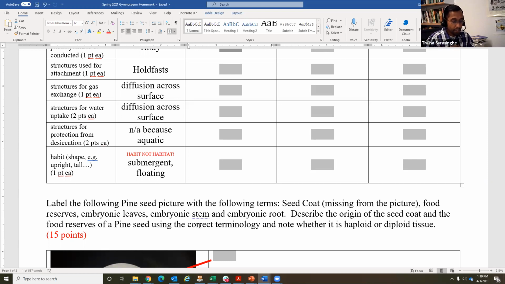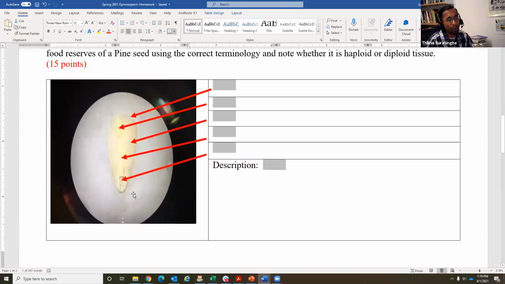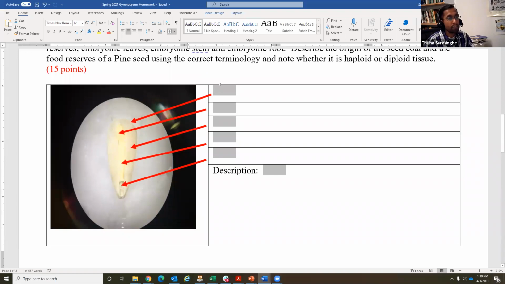Pines are the tallest of all. They go upright the most, and pines don't grow in clumps. They grow as individual trees. And this part I'm not going to go over myself, because I have several labeled diagrams where you can do this on your own.